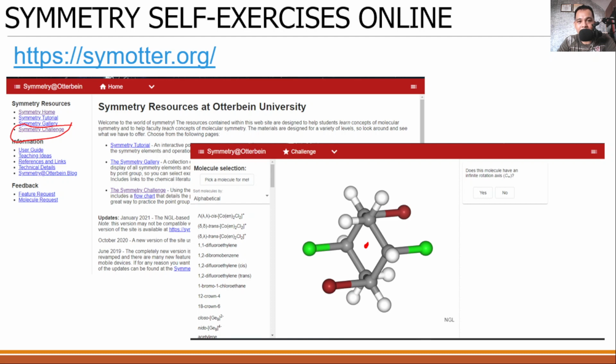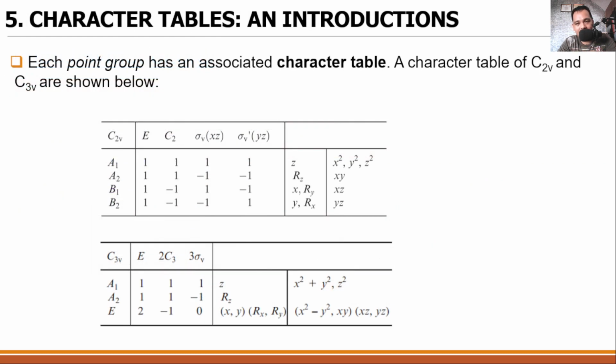With that, we also have character tables. The classification of our character tables is constructed depending on our point group. This is useful in vibrational spectroscopy. To start with, this is the point group C2v.